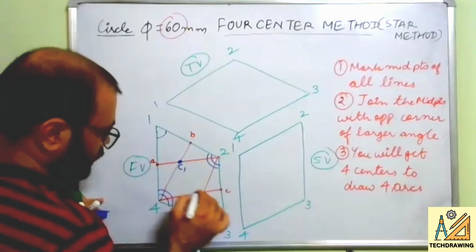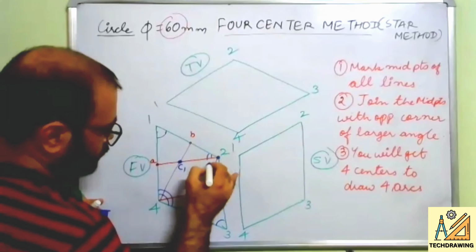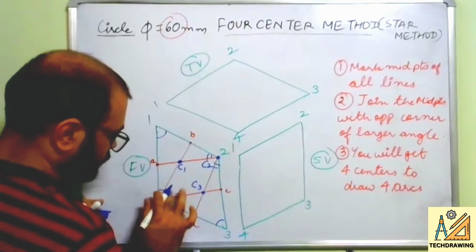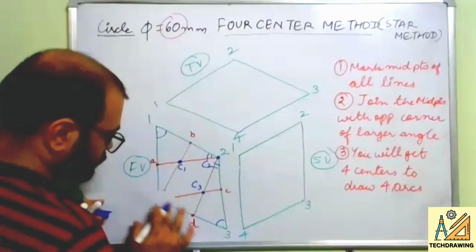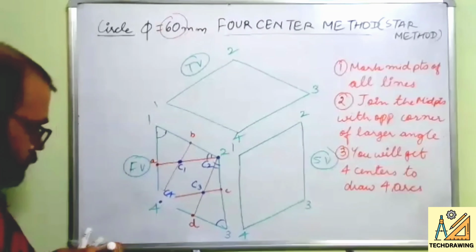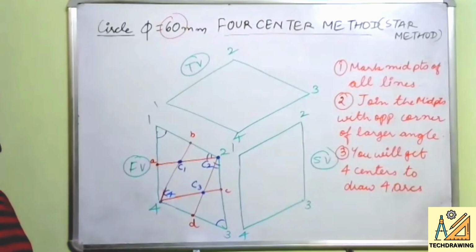Let us say this is C1, this is C2, this is C3, and this is C4. So C1, C2, C3, and C4, right? Now you have to draw 4 arcs.